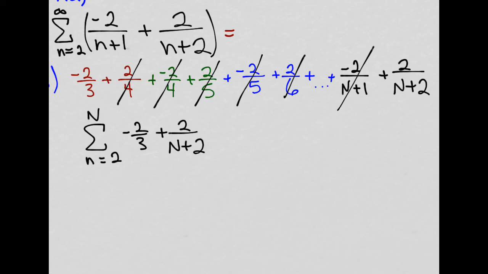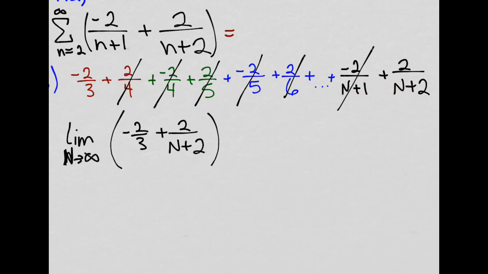And we are going to now take the limit as capital N approaches infinity, because our sum is going to be this first term and then the last term, because all the middle terms are going to cancel.